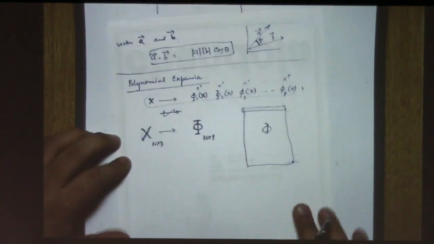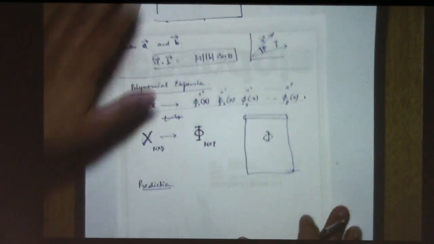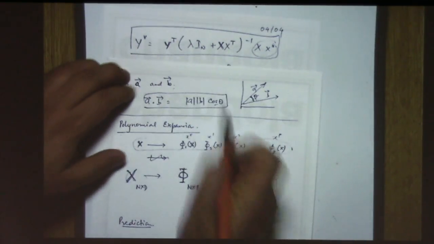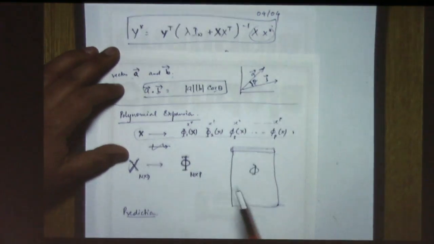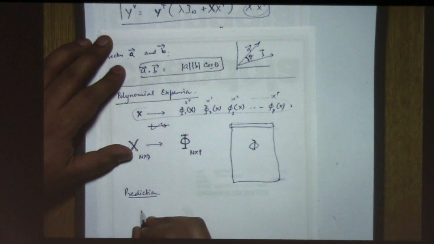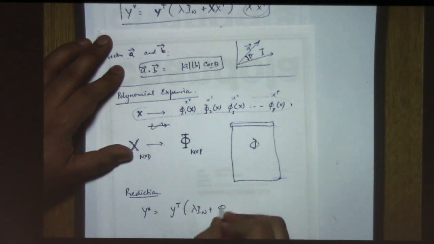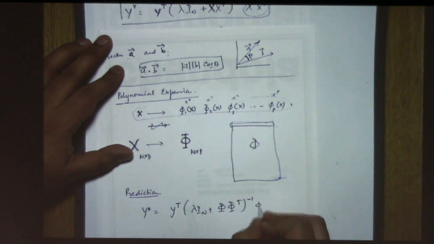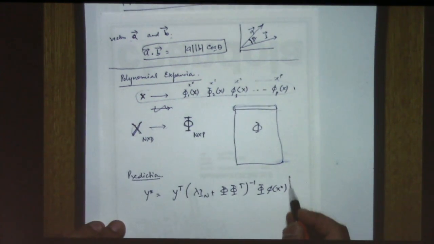Then your prediction would look pretty much like what was here. This is the prediction if you don't do any polynomial expansion, if you're dealing with your original data. Your new prediction will become, this stays the same. So let's take a careful look at this one.